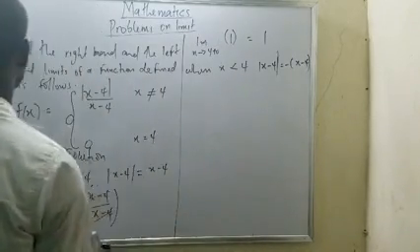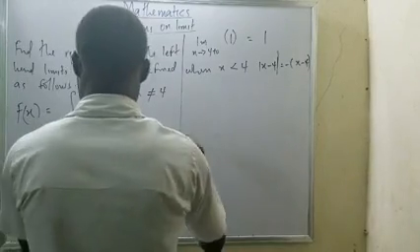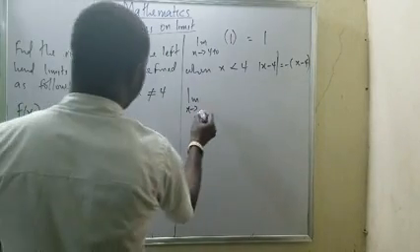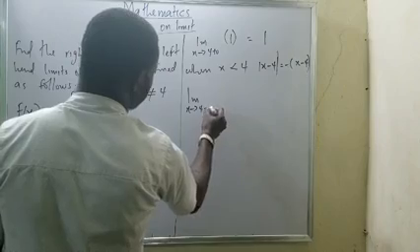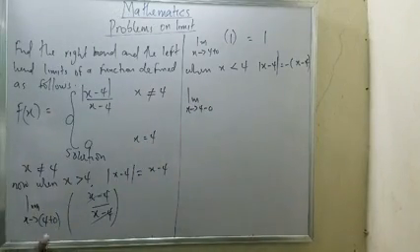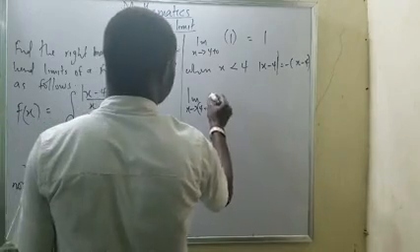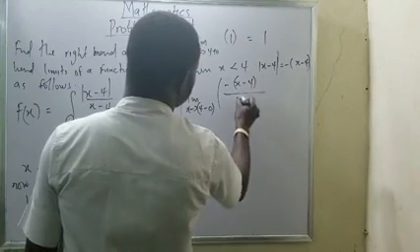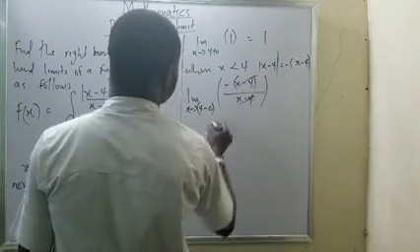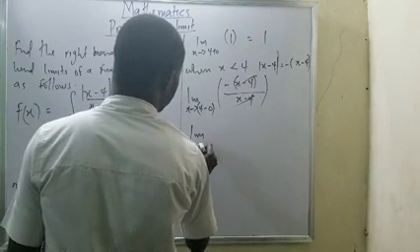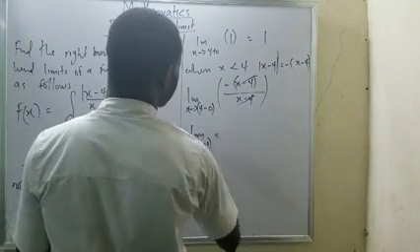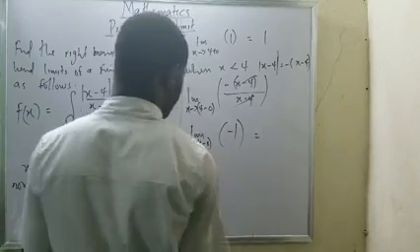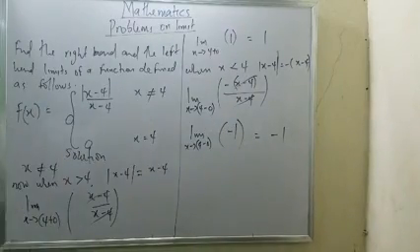Now, I will move on by having my limit of x tends to 4 minus, the down part of that function, which will be equal to the limit of minus x minus 4 divided by x minus 4. This will cancel this. It means the limit of x tends to 4 will be equal to minus 1. My answer is minus 1.